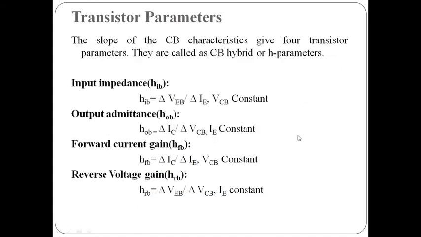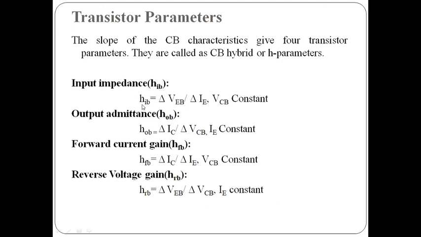Next we'll see the transistor parameters of a common base configuration. From the input and output characteristic curves, we get 4 transistor parameters for the common base configuration, called the hybrid or H parameters. The first parameter is the input impedance, given by the notation HIB, where HI is the notation for input impedance and B stands for common base.